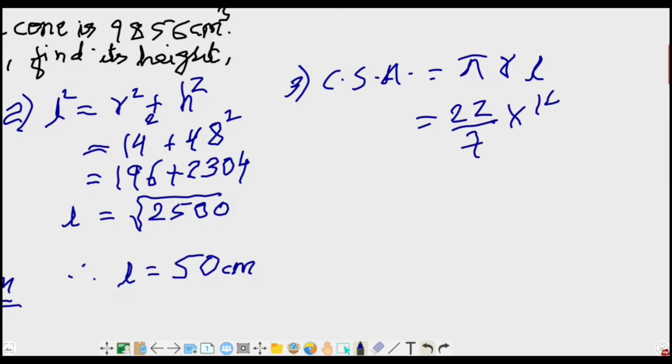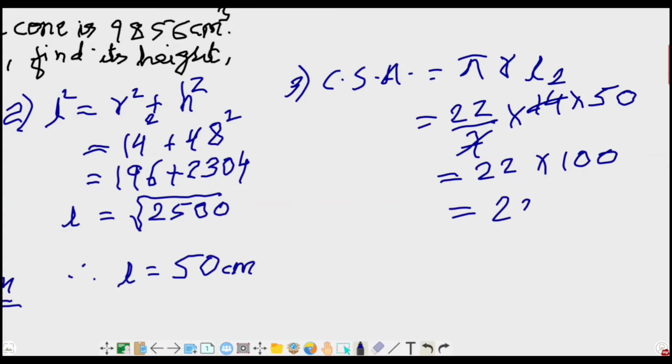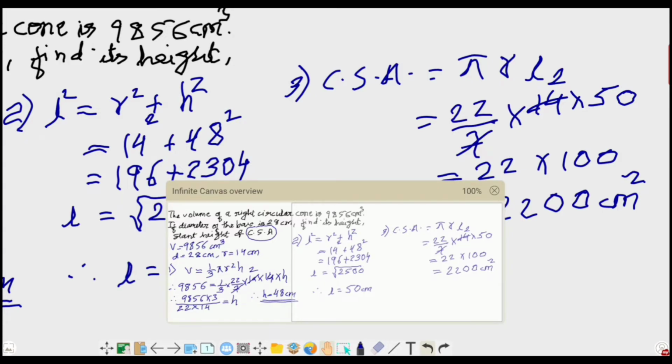R you know is 14. L now only you have calculated. It is 50. 2 into 50 is 100. So this will be 2200 centimeter square.